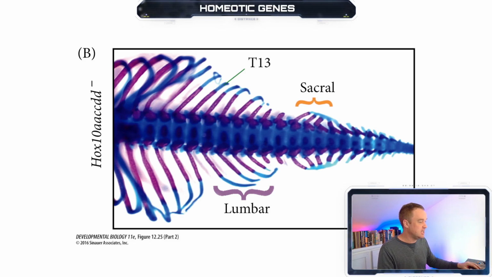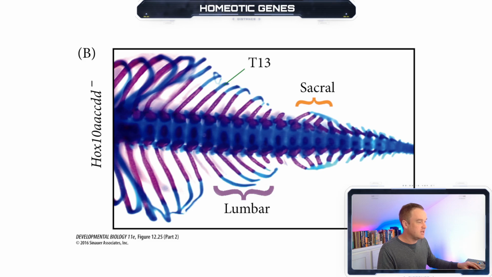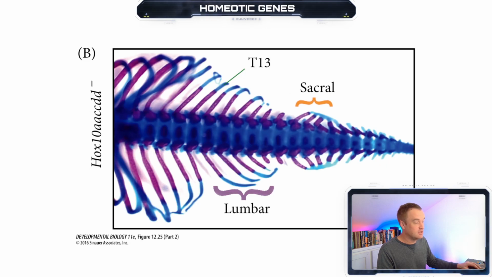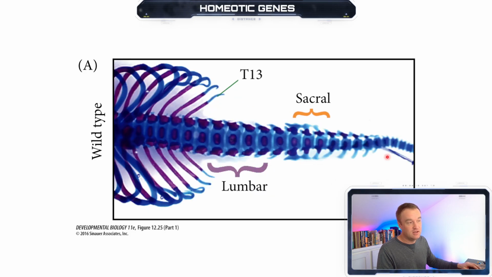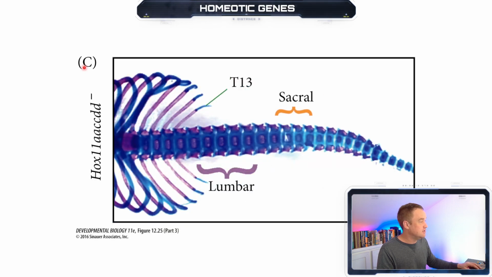Similarly, if we were to knock out Hox11 A, C, and D, the sacral vertebrae, which we had before, let's look at the normal sacral before, will then turn into lumbar vertebrae.